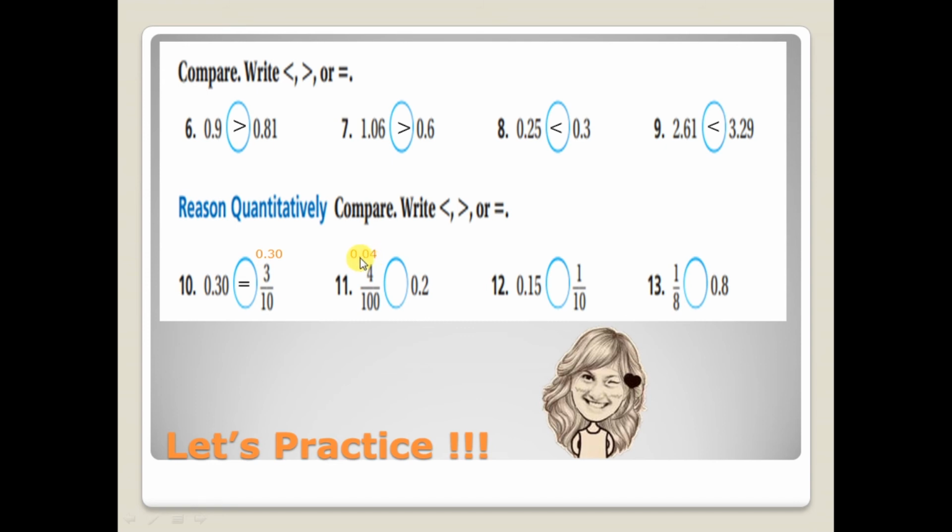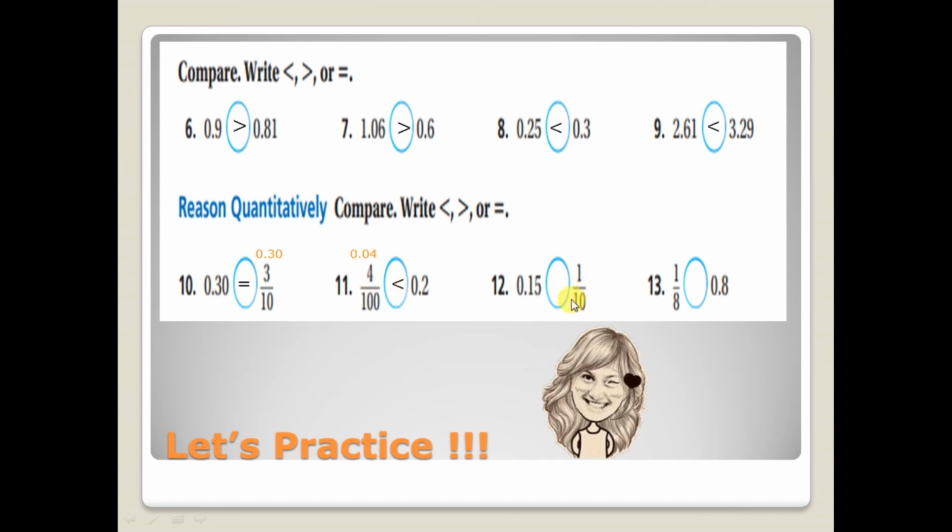So the number will be 0.04. Now let's compare. We look from the left to the right. The first number here is 0 and here is 0. Afterwards, 0, then 2. So 2 of course is bigger than 0. So in this case, 0.2 is bigger than 0.04.